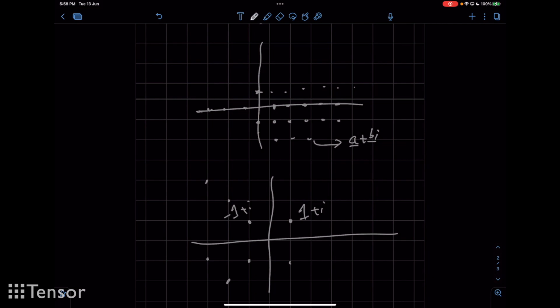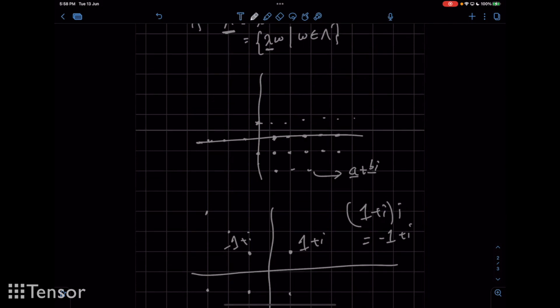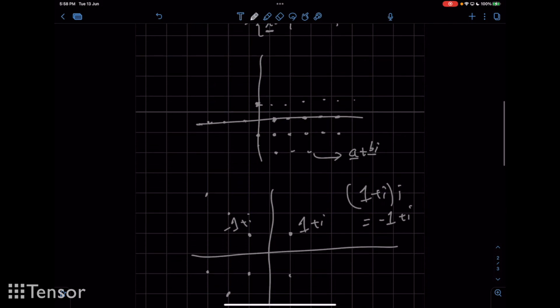Because you just take the lattice of Gaussian integers and multiply it by 1 plus i, since 1 plus i times i is equal to negative 1 plus i. This lattice is generated by 1 and i, and if I multiply 1 and i by this number 1 plus i, I get this one and this one.